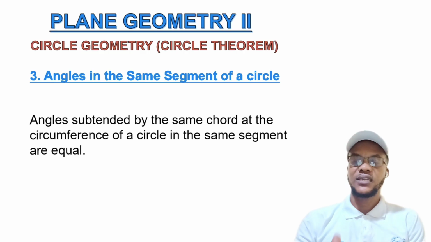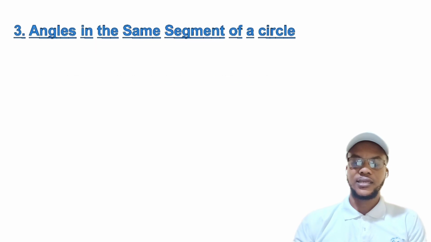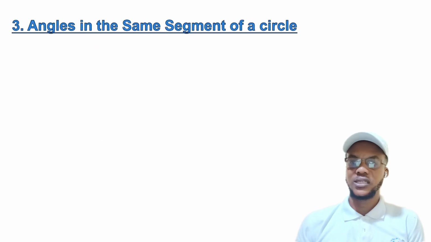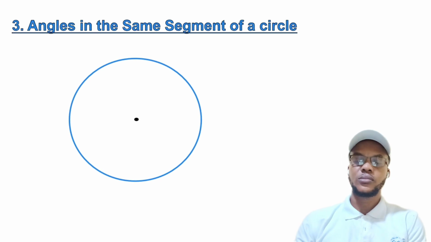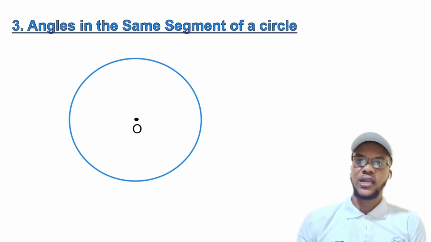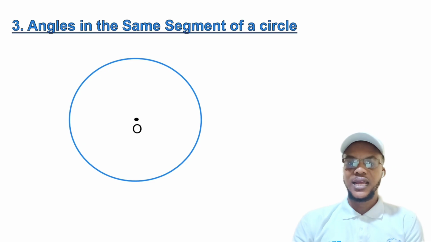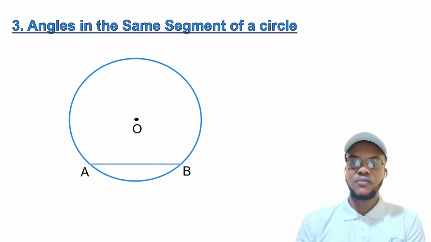Okay, if that is the case, then let's look at what it is. So let's draw this circle, identify our center as O. Now let's get the chord we are talking about. So let's say we have this line segment which is the same as a chord. We call it chord AB.